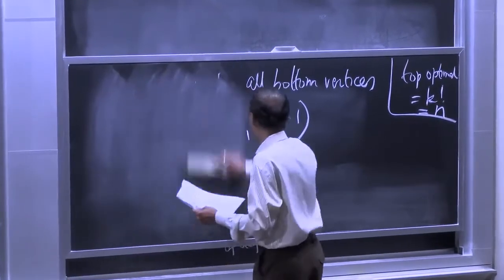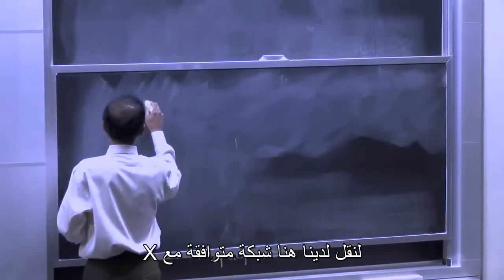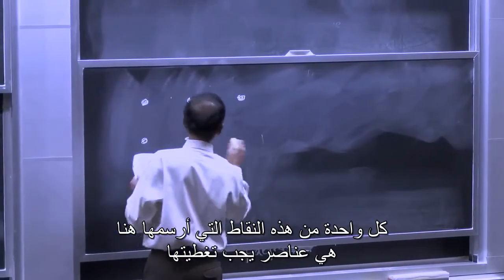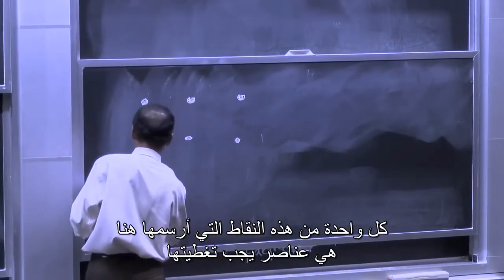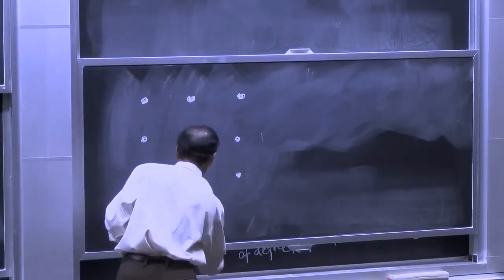So pictorially, may make things clearer. You have, let's say, a grid here corresponding to X. So each of these dots that I'm drawing here are elements that need to be covered. Right?